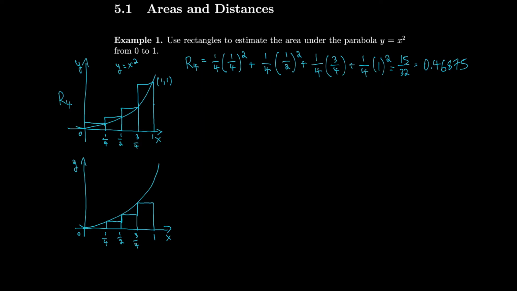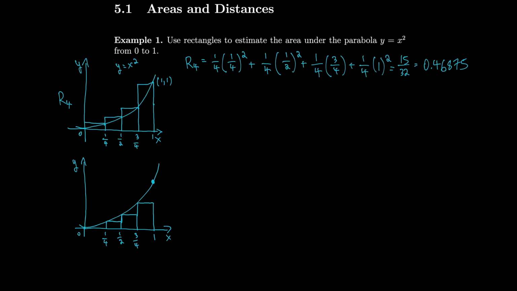So let's try to calculate. Oh, by the way, this is the point 1, 1. Notice it lies above the last rectangle this time because it's touching at 3/4 instead. There's a tiny little rectangle over here that has height 0, so I'm not going to even draw it.